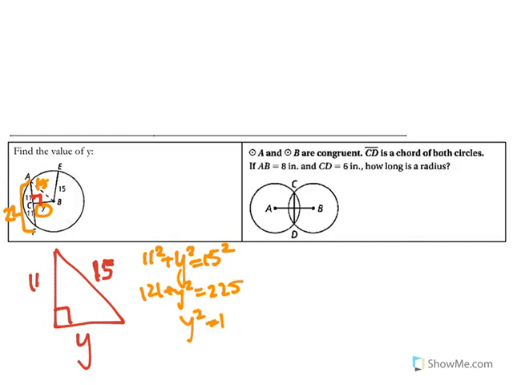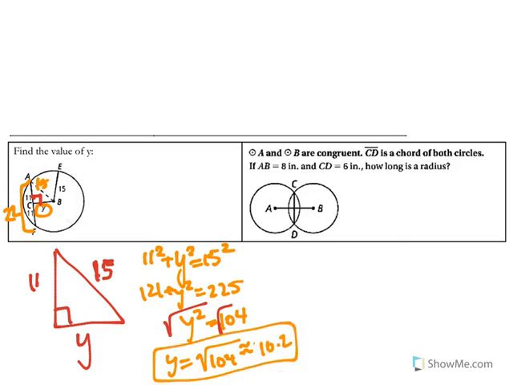Y squared is going to equal 104. Square root. And y equals radical 104, or approximately, I think we're still on the rounding direction, so approximately 10.2. My stylus is being really funny today, guys. I'm sorry. 10.2. There we go. That's my value of y.